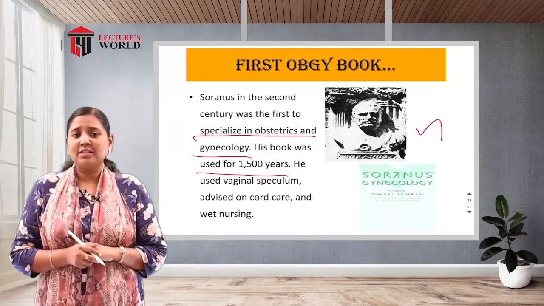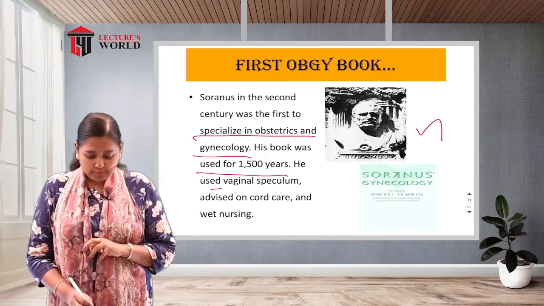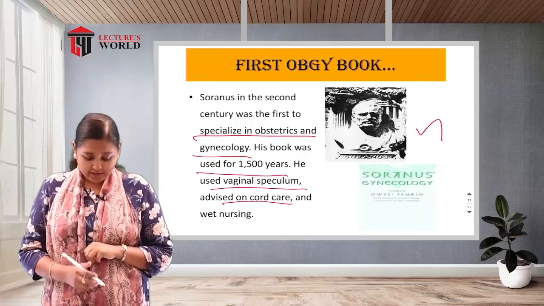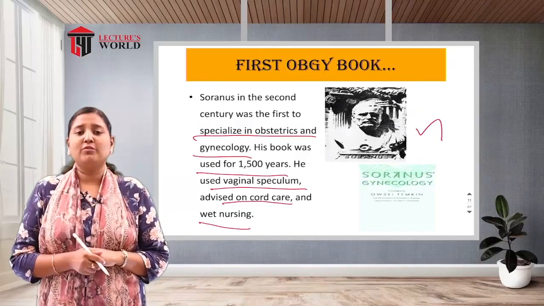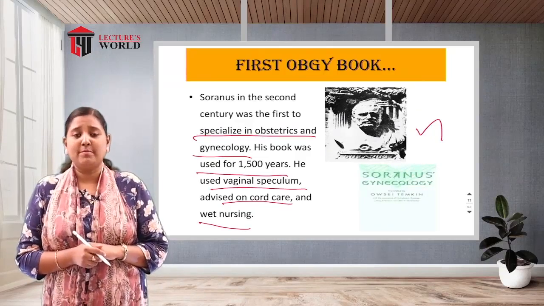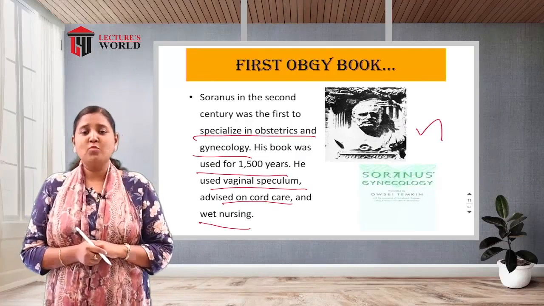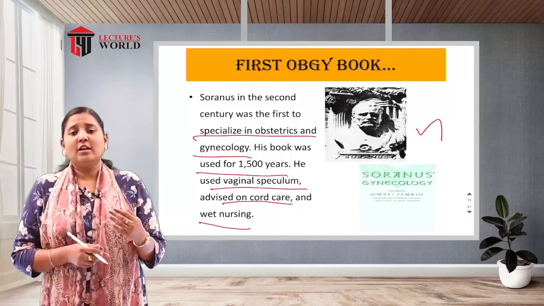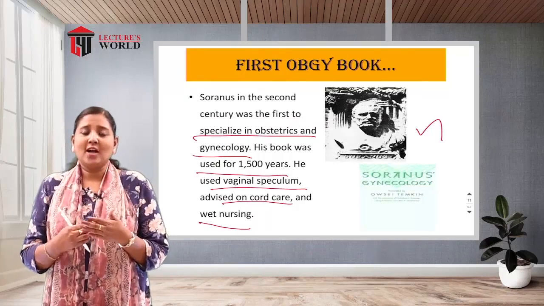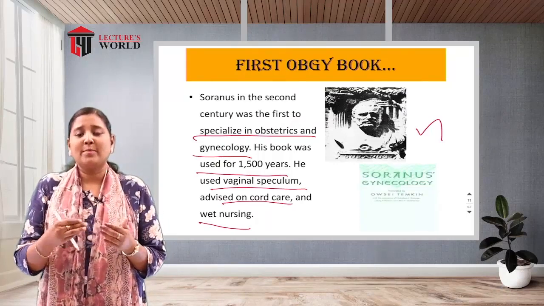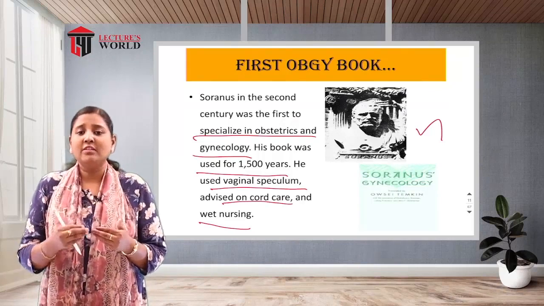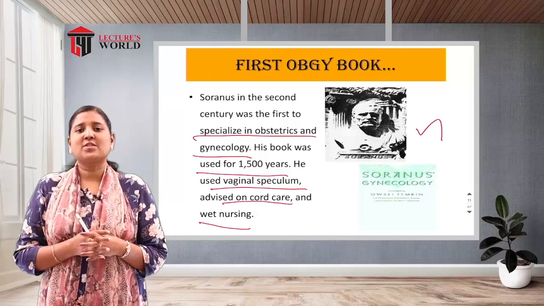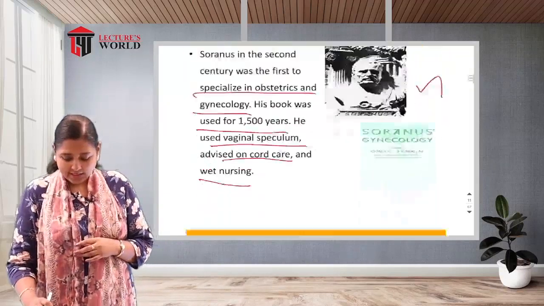Soranus is the first man who told about the vaginal speculum, and he gave advice on cord care, and also talked about wet nursing, how to feed the baby and how to take care of the baby. This is how from the ancient period obstetrics emerged, and people started giving too much attention to obstetrical cases in society.